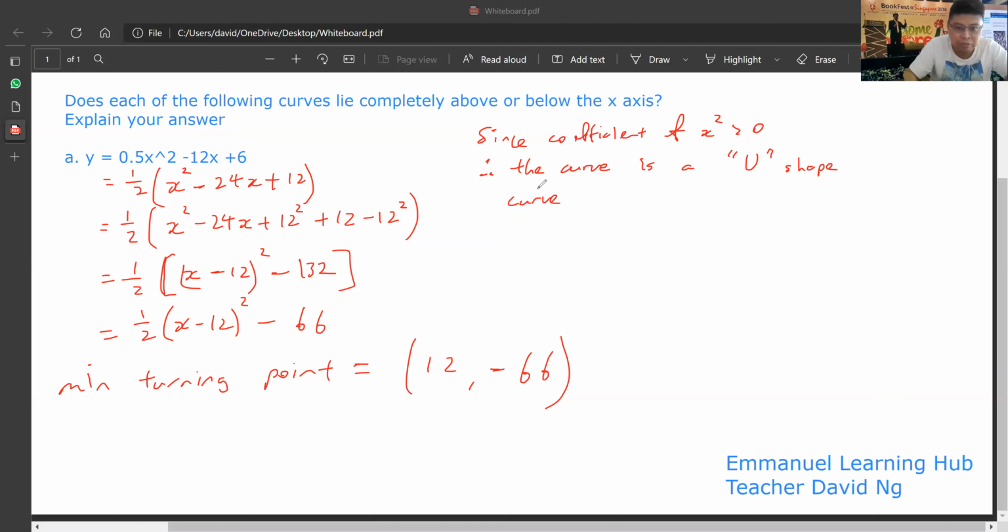And the minimum value is negative 66. The minimum value is negative.